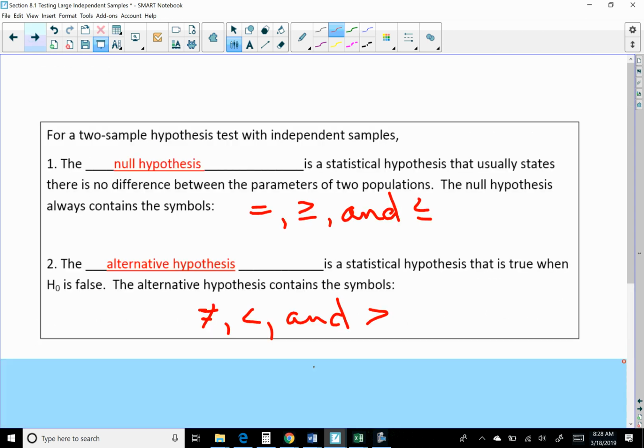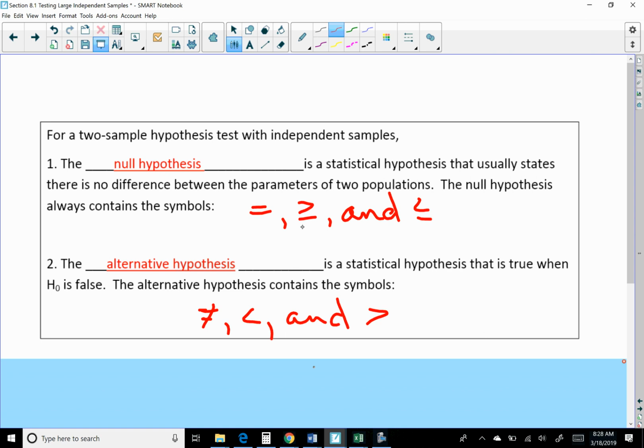For a 2-sample hypothesis test with independent samples, the null hypothesis is a statistical hypothesis that usually states there is no difference between the parameters of 2 populations. The null hypothesis always contains the equal symbol.